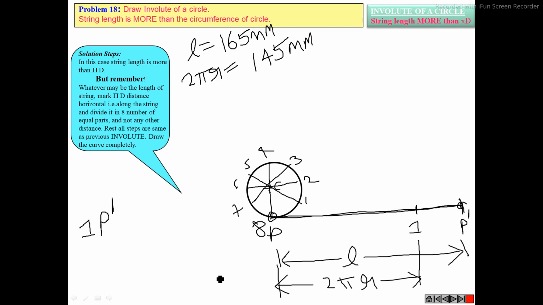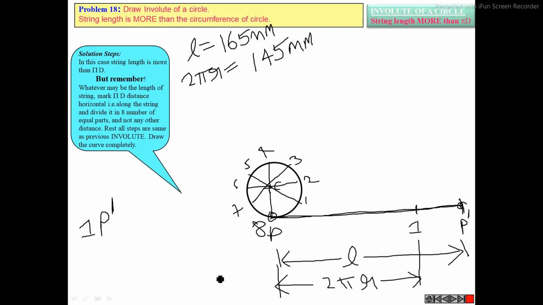Because according to the definition of involute, you get an involute when you are wrapping a certain length of wire on the circumference of the circle, or unwrapping a certain length of wire on the circumference of the circle. Maximum how much length can you wrap or unwrap on the circumference of the circle? Every time you can wrap and unwrap 2 pi r length, not more than 2 pi r, neither less than 2 pi r. Yes or no?